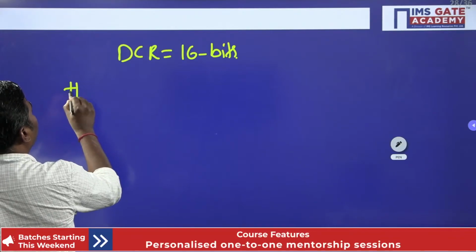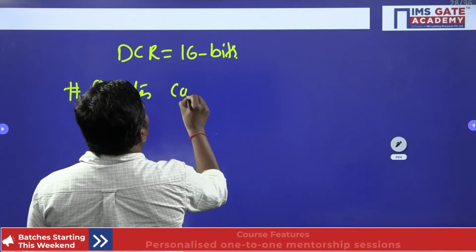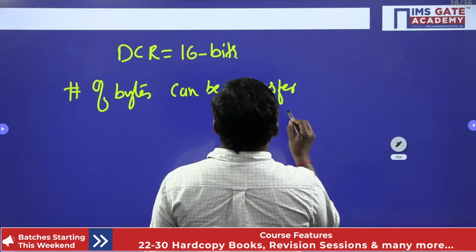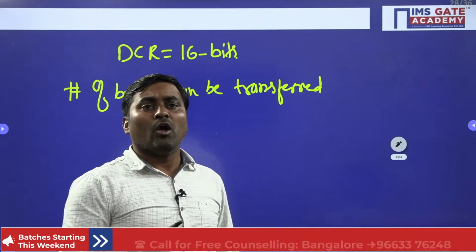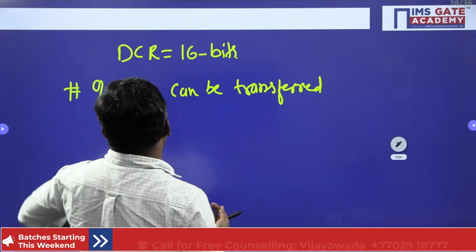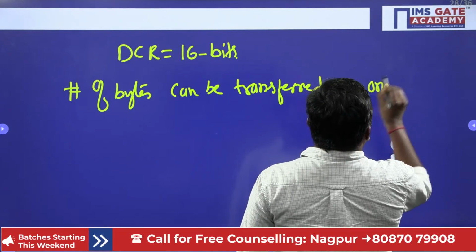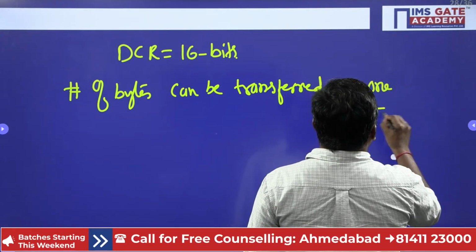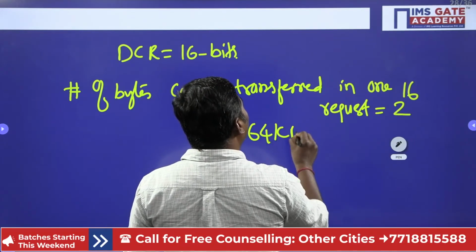Number of bytes that can be transferred in one request, once you get the system bus from the processor, equals 2 power of 16. So 2 power of 16 is equal to 64 kilobytes you can transfer.